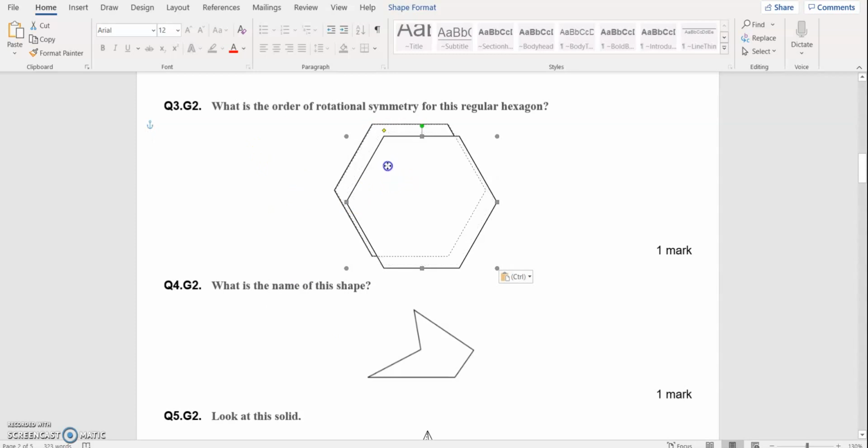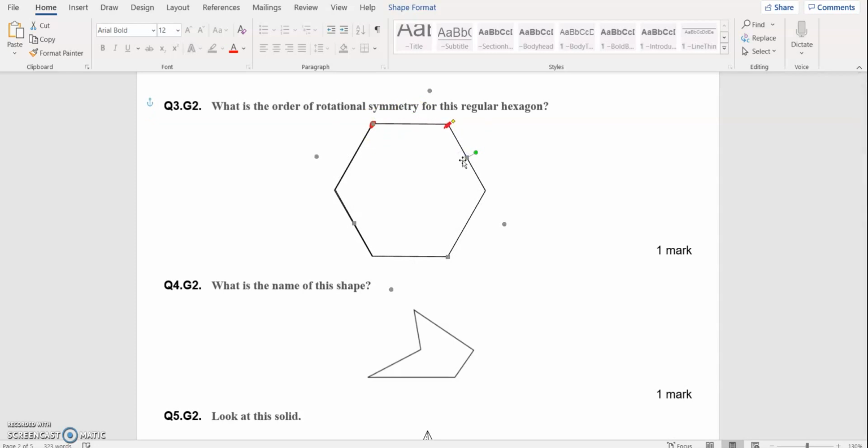So I'm going to rotate the shape on top, but we'll mark one of the corners so that we know where we started. So at this moment, this one is here. So if I rotate this shape to the right, then that corner will be coming here.